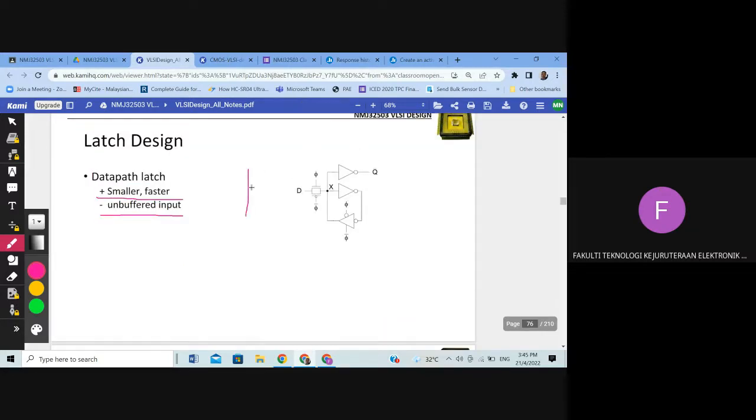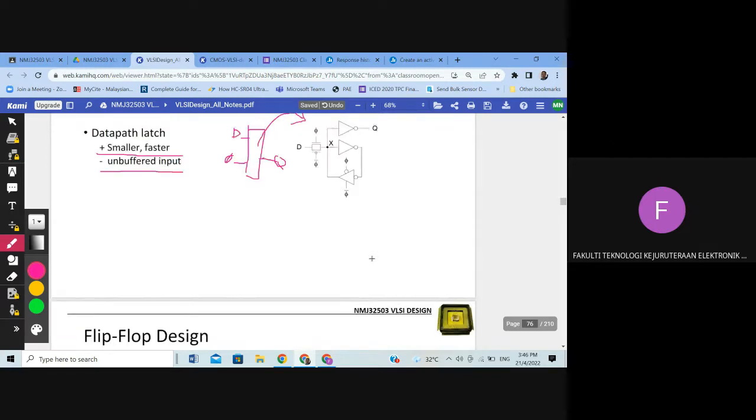If you can see the latch like this one, okay, D, then Q, then clock or phi, and the internal diagram of this is actually this one. We have this inside. Okay, for the case of flip-flop, the internal design is actually a duplication of this portion.